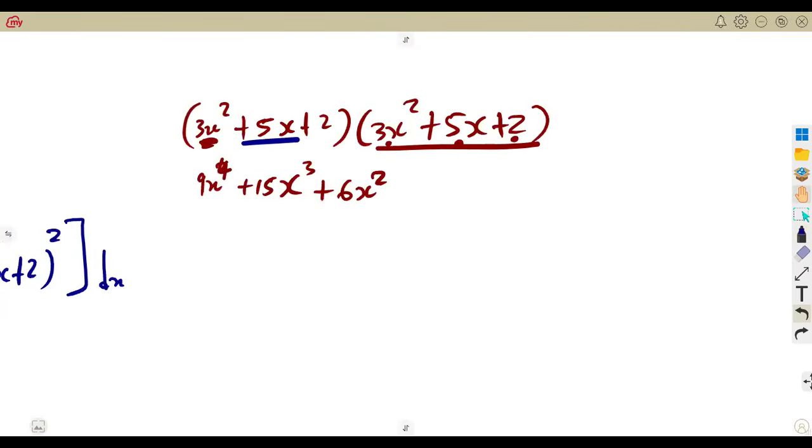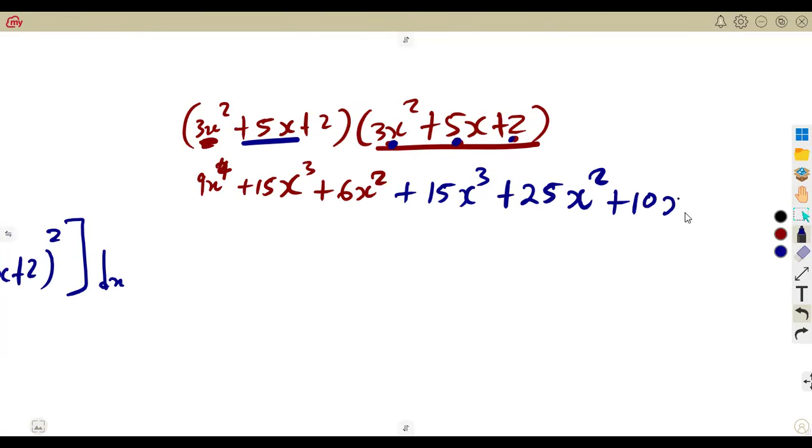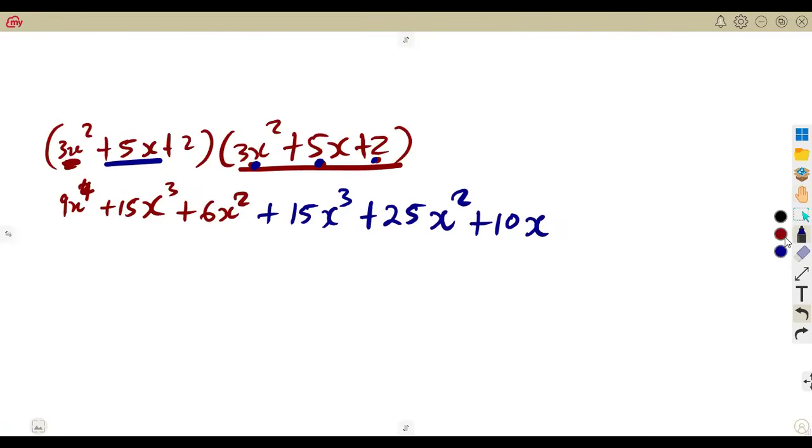So 5 also multiplies everything. 5 and 3 is going to be 15x to the exponent of 3. 5 and 5 is going to be 25x squared. 5x and the 2 there gives us 10x. You move on to plus 2. Do the same thing. Plus 2 multiplies everything. So it's 2 and 3, 6x squared. 2 and 5 here is going to be 10x. 2 and 2 there is a 4.